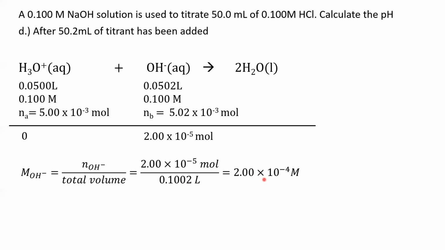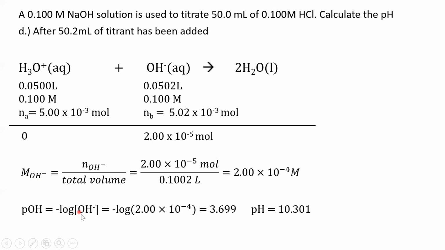Now, the first two calculations we did, the molarity was for the hydronium ion because that was what was in excess. But this time, it's the molarity of the hydroxide ion. So if we take the negative log of that molarity, that's going to give us the pOH.